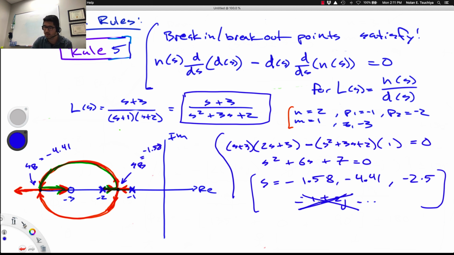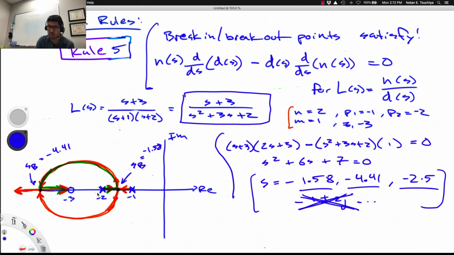So you can throw out any complex or imaginary solutions that you get, but you also have to be wary of all of the real values that you compute as well, because minus 2.5 in this hypothetical scenario would fall between this pole and this 0 on this root locus, where we know there is no portion of the root locus plot according to rule 2. Okay, so a branch of the root locus plot will never break in or break out of the real axis at a point that is inconsistent with rule 2.